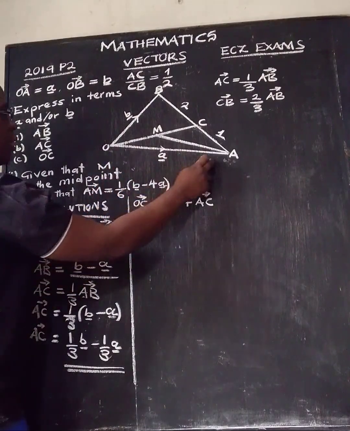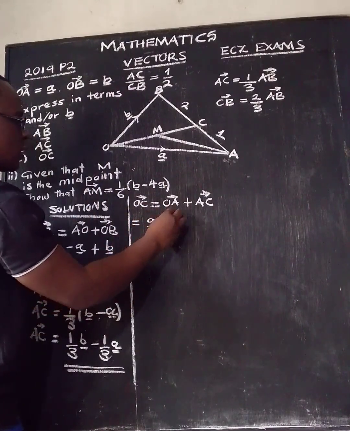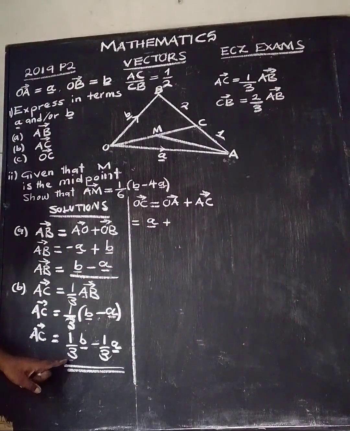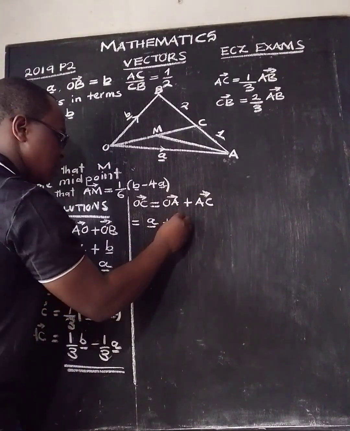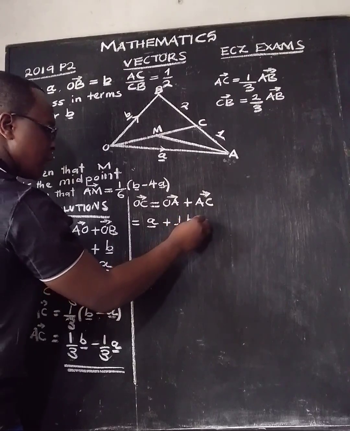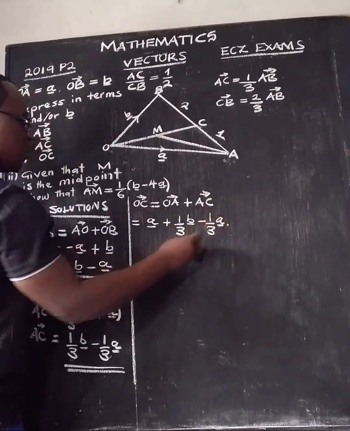OA is vector A. Vector A plus, do we have AC? Yes, this is our AC. So our AC is 1 over 3 vector B minus 1 over 3 vector A.